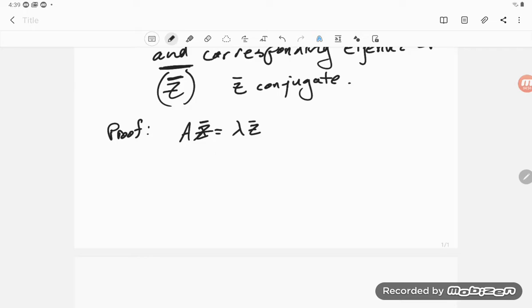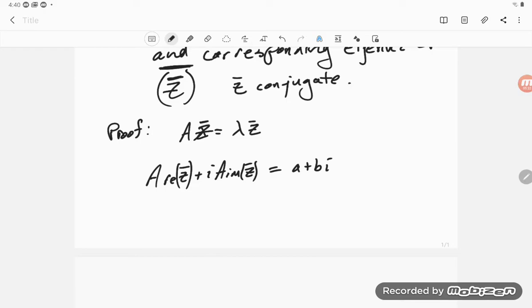On the left-hand side, we've got A times the real part of z plus i times A times the imaginary part of z. And on the right-hand side, we have lambda, which is a plus bi.